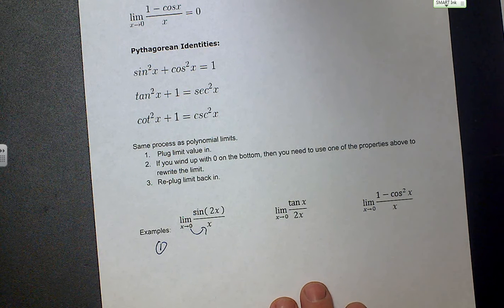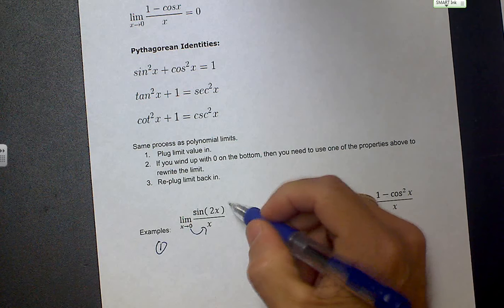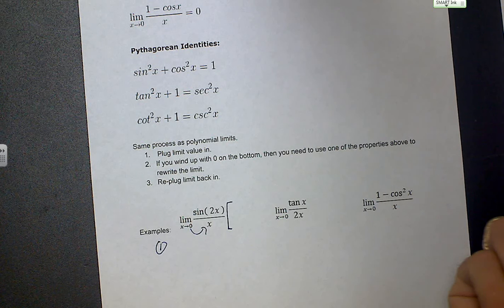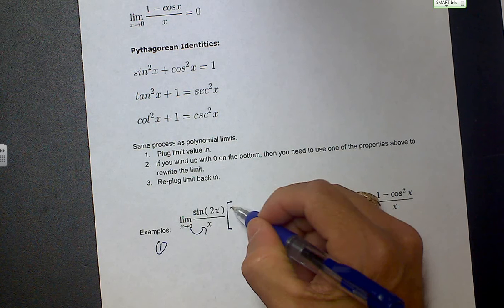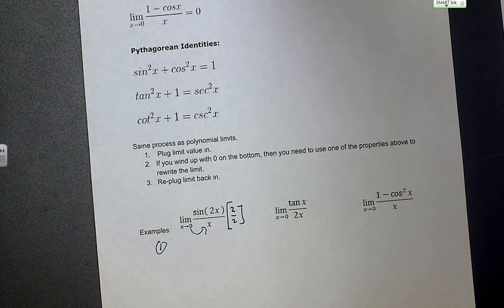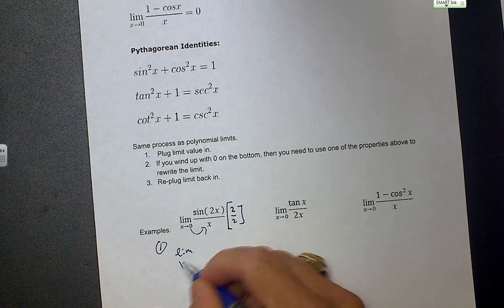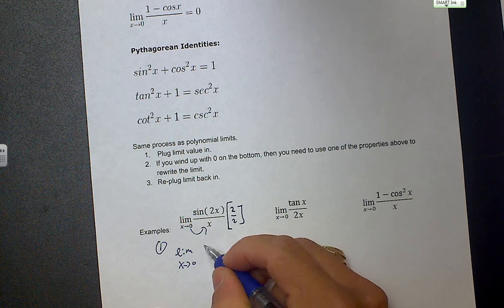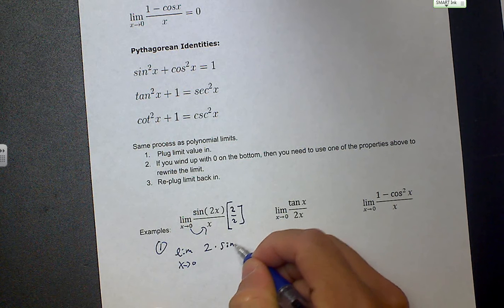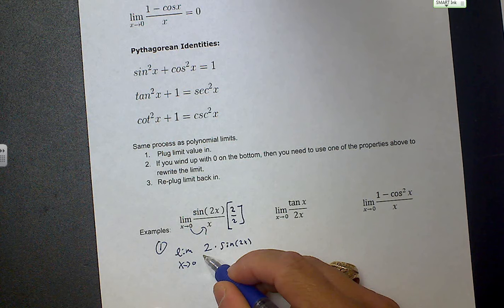Sine of 2x over 2x would work. So I can multiply the top and the bottom by 2, giving me the limit as x approaches 0 of 2 sine of 2x over 2x.